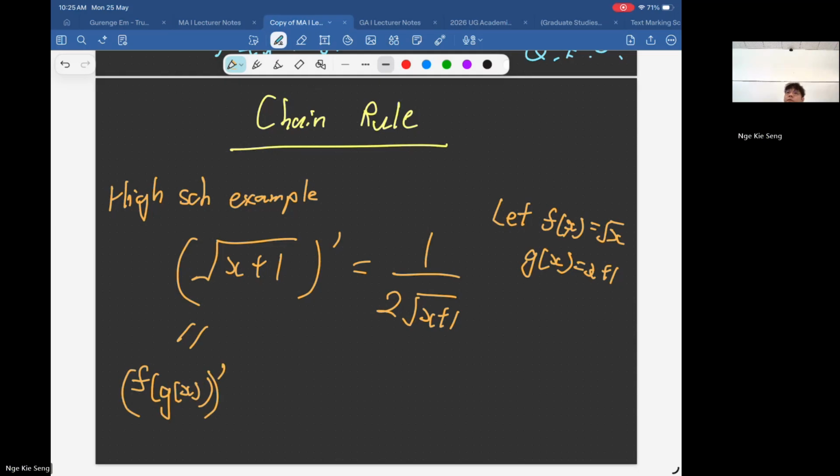But then what's the formula for the chain rule? How do you get to this? It should be f prime of g of x times g prime of x.